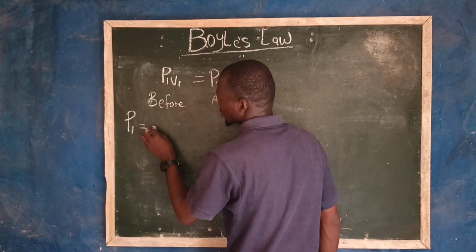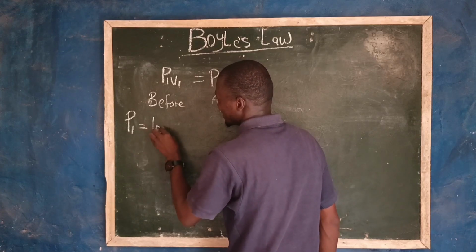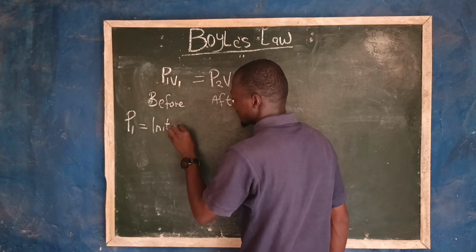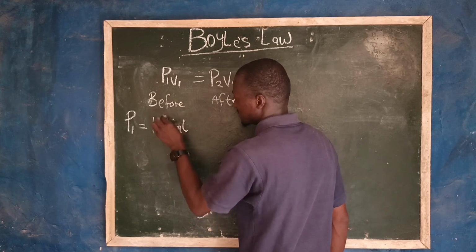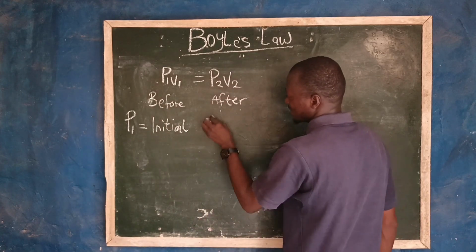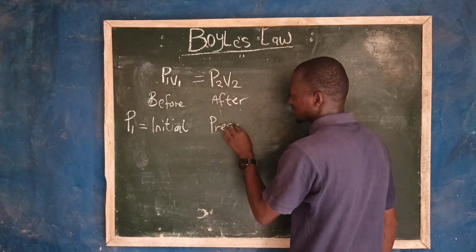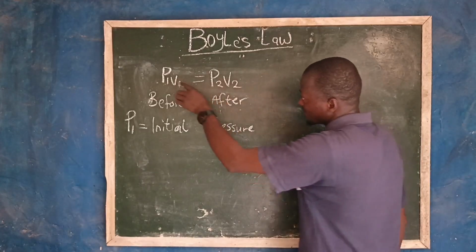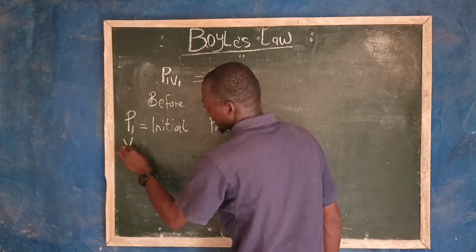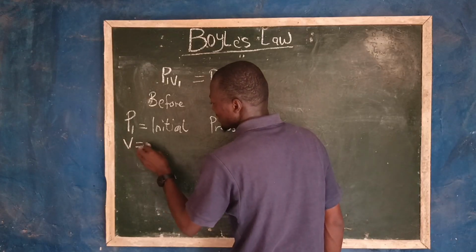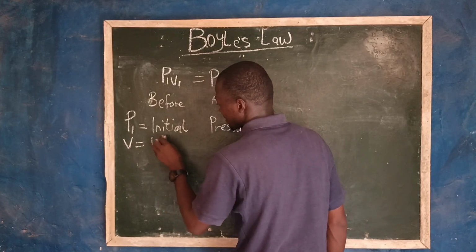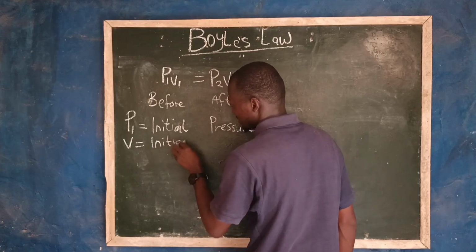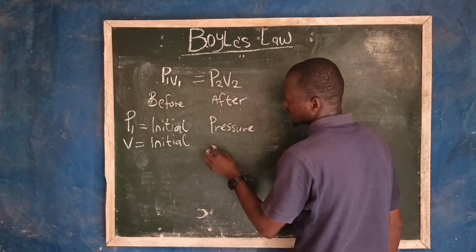P1 equals initial pressure. Then V1 is still initial volume.